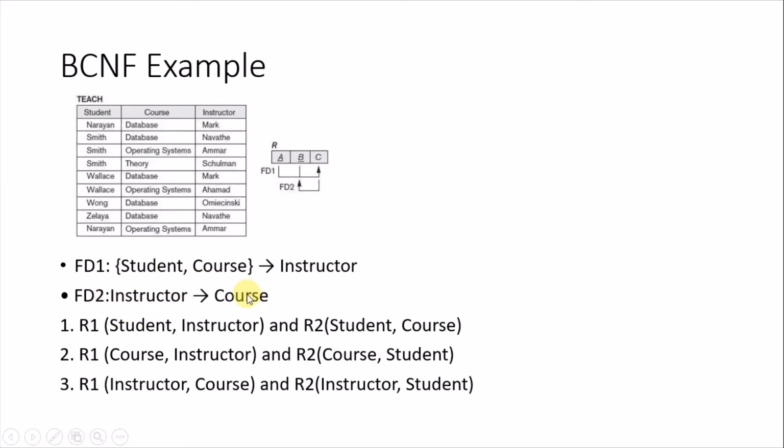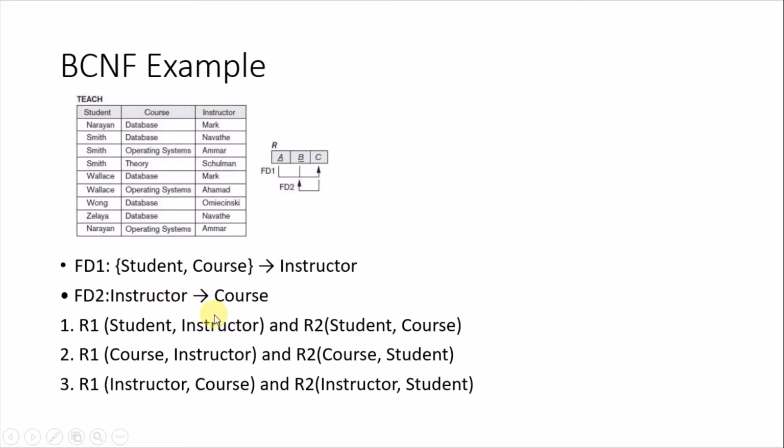So how can we convert this into BCNF? We can decompose this into two relations, R1 and R2. In R1 we have student, instructor, and in R2 we have student, course. Or R1 can be course, instructor and R2 course, student. Or R1 is instructor, course and R2 is instructor, student.